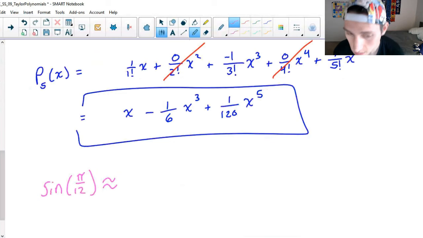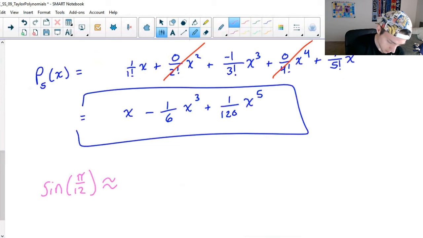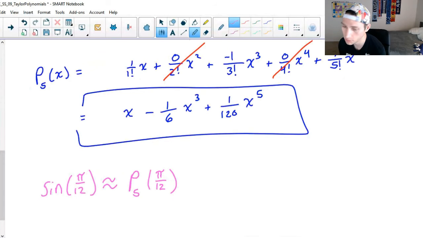So sine of pi over 12 is approximately the 5th degree Taylor polynomial of pi over 12.